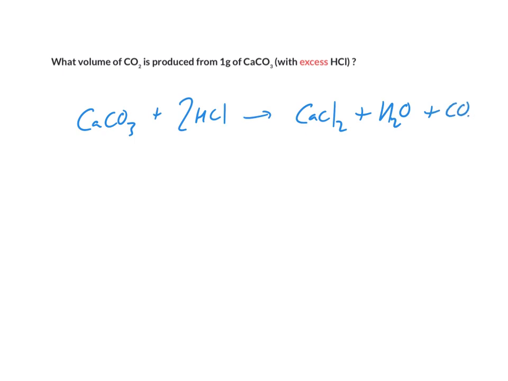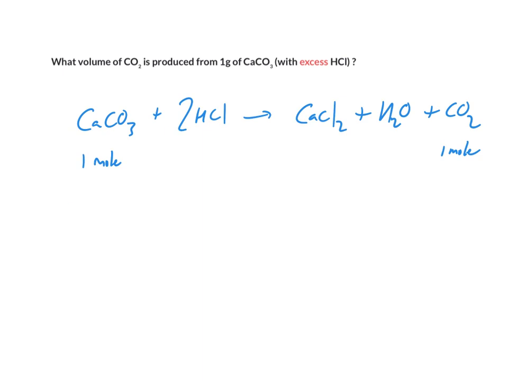We first need an equation. Calcium carbonate reacts with hydrochloric acid to give us calcium chloride, water and CO2. And as you can see, if we start with 1 mole of calcium carbonate, we produce 1 mole of carbon dioxide.